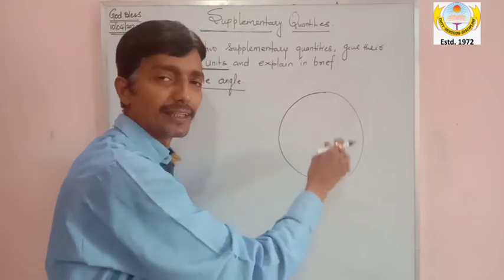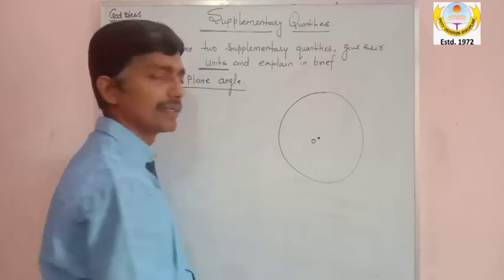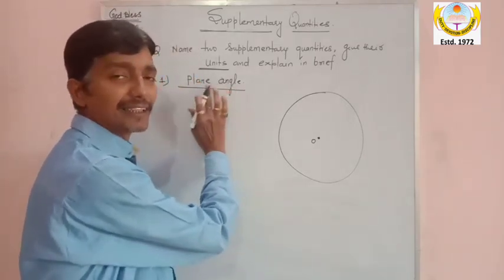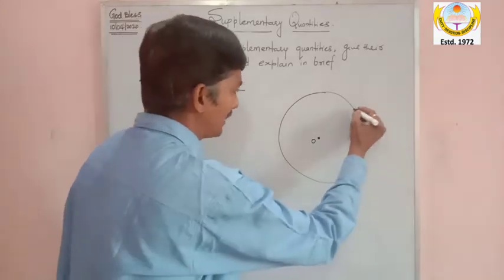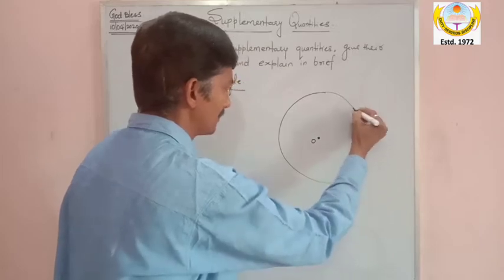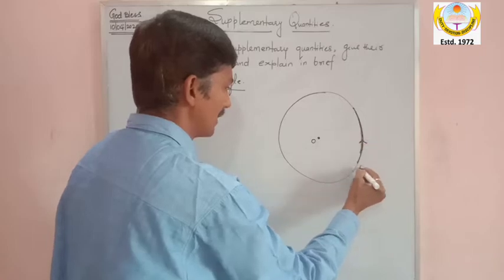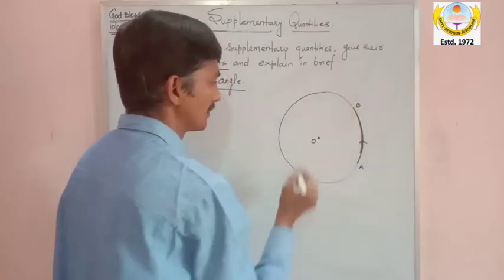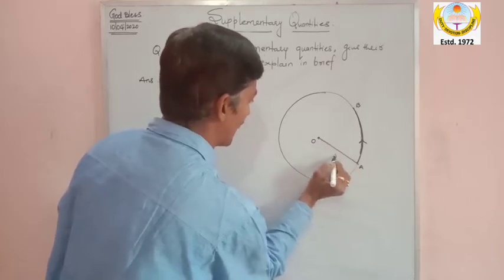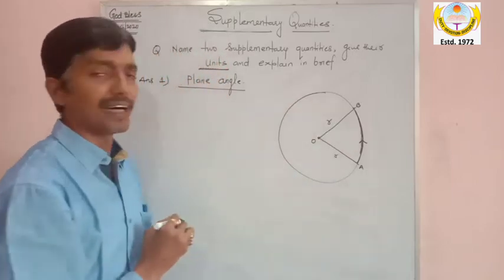So I have taken a circular plane, and this is the center of the circular plane. Okay. Now, my dear, my question is angle, that is plane angle. I have taken the arc on this circular plane. This is the arc. Let the name of the arc be AB. So if I draw the line from O to A, it becomes radius R. Similarly, if I draw a line from O to B, it also becomes radius R.